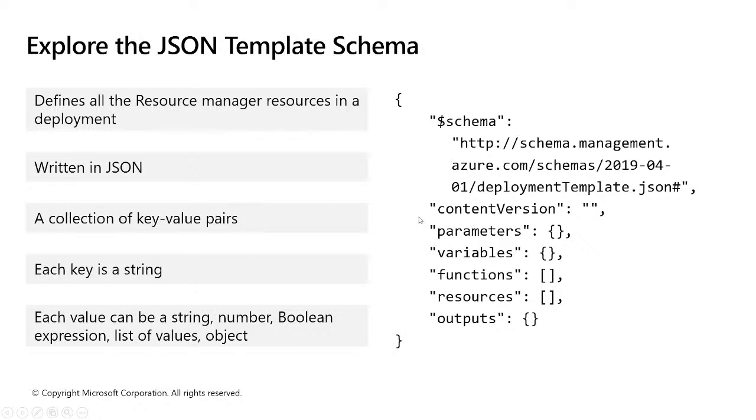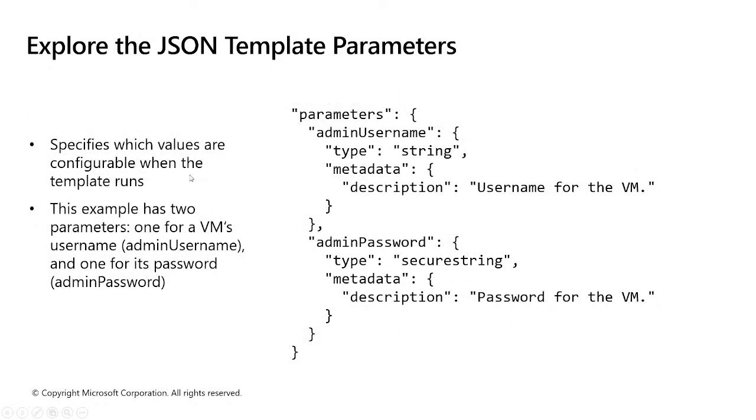When we talk about key value pairs, this is schema, this is the key, and what is the value? This is the value. This is variables. What's going to be the value? This is resources, where we're going to declare everything that we need to declare. Let's see this particular example.